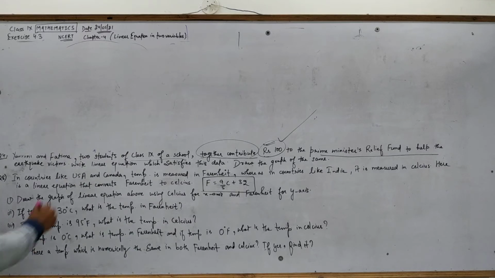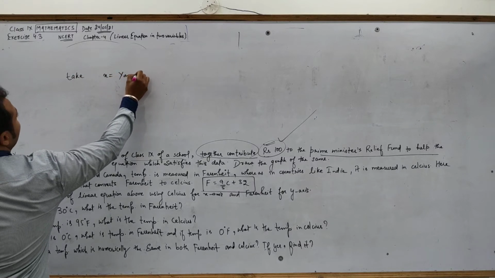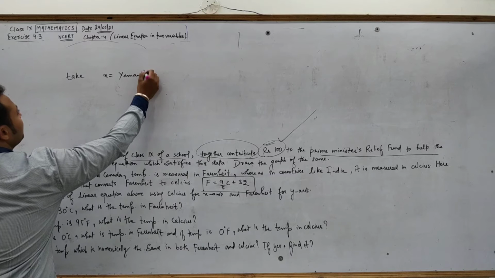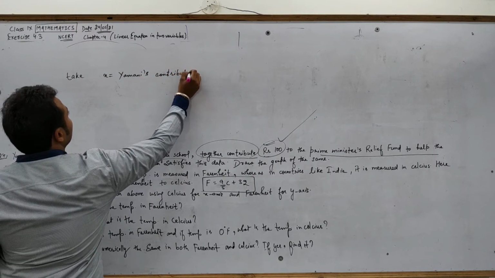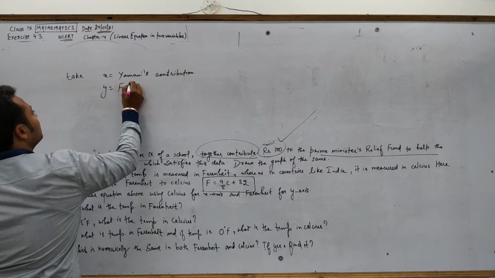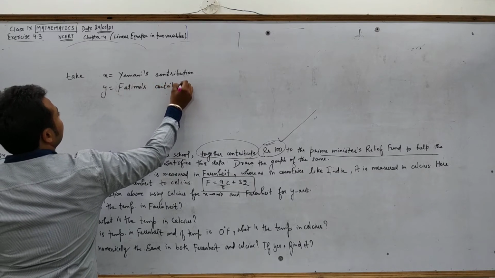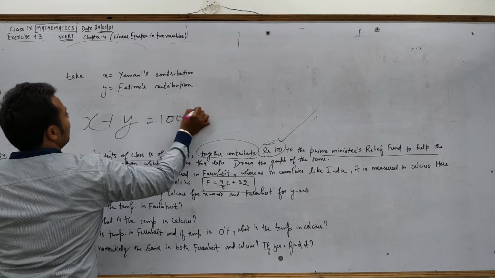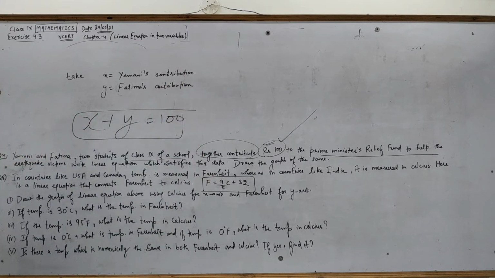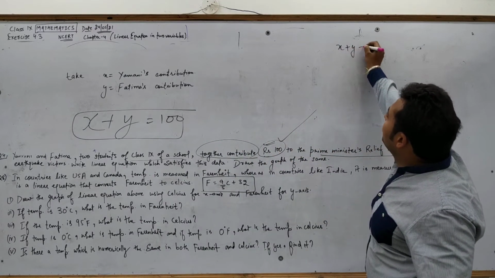So take x equals Yamini's contribution, take y equals Fatima's contribution, and they both contribute rupees 100. We are to draw this on the graph.